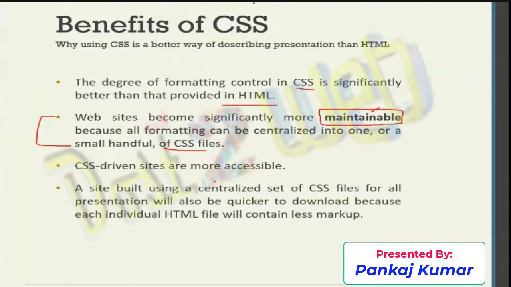A site built using a centralized set of CSS files for all presentation will also be quicker to download because each individual HTML file contains less markup. What is the meaning of that?